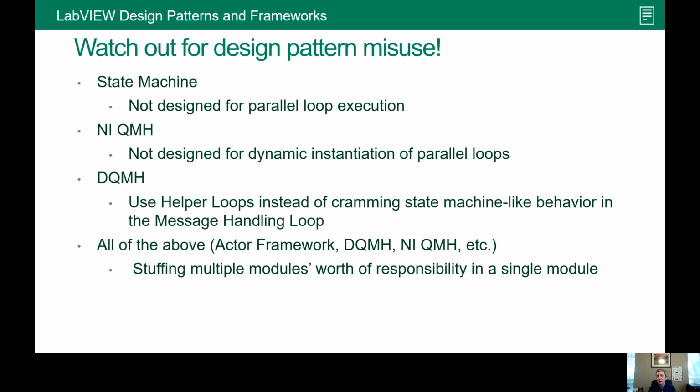So it's handling messages coming in from other modules, but also executing some sort of state machine-like behavior. That is a bad sign probably for issues that you might have to troubleshoot in the future. DQMH has the concept of helper loops. If you need to maintain state in your module, you want to use a helper loop. Again, the kind of thing you'll learn as you start to become more familiar with these frameworks.